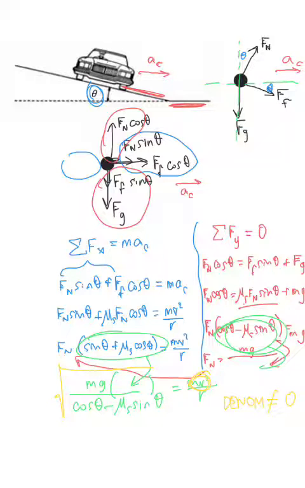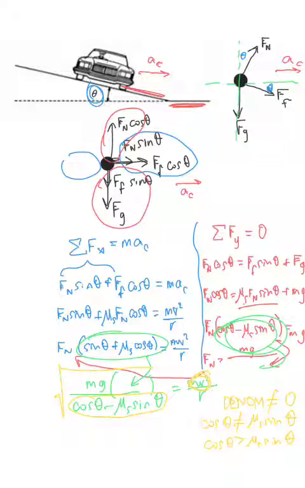And so, you cannot have the square root of a negative number and get a real answer, which means that in the denominator, since we have two terms that are being subtracted, that cannot be negative, which means that not only can cosine of theta not be equal to mu sine of theta, because that would make it 0, but at the same time, cosine of theta must also be bigger than mu sine of theta.